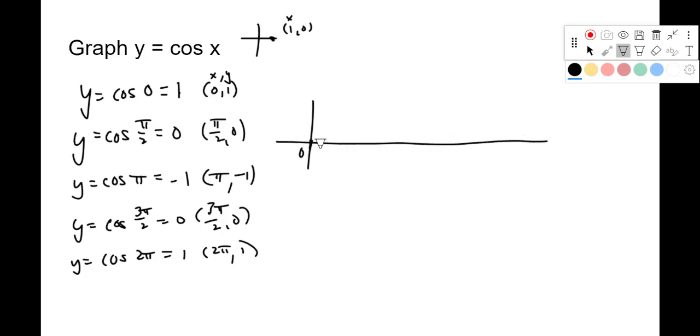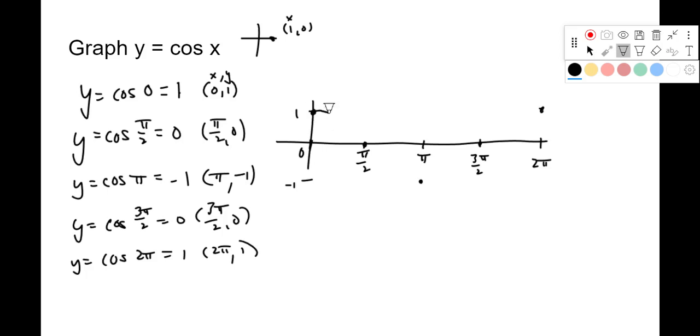So we're going to graph 0 on my x-axis, pi over 2, pi, 3 pi over 2, and 2 pi. So we're going to go to 0, 1, make a point, pi over 2, 0, pi, negative 1, 3 pi over 2, 0, and 2 pi, 1.